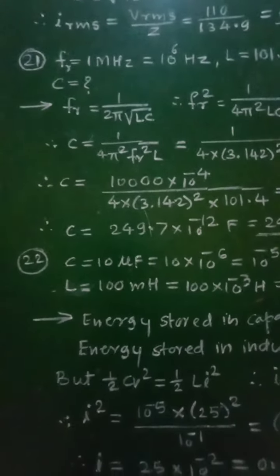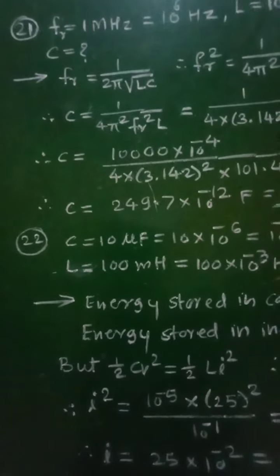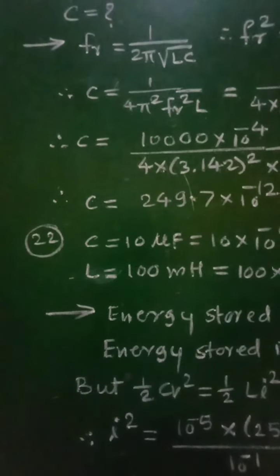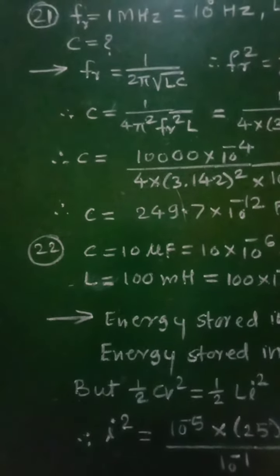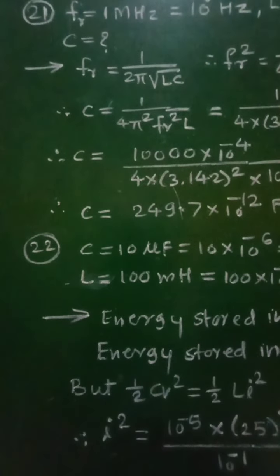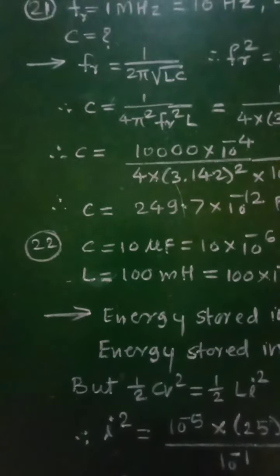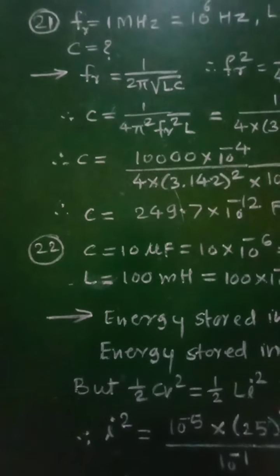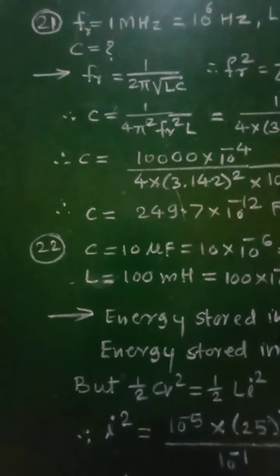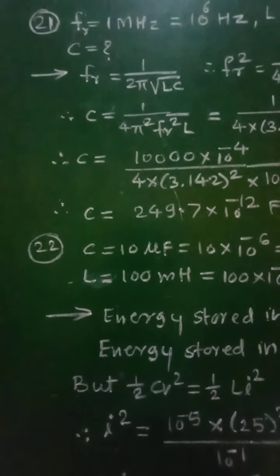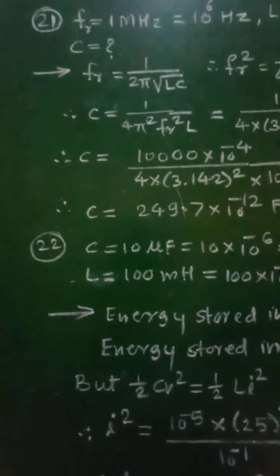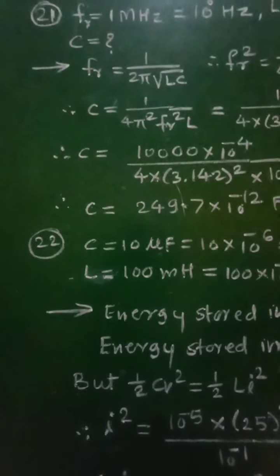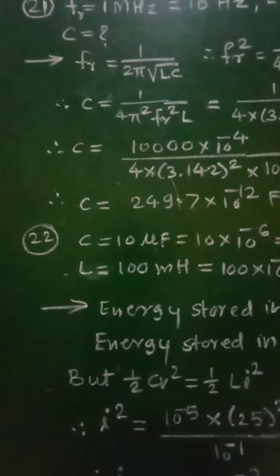Then we will go for the next numerical, that is numerical number 22, which is given as: a 10 microfarad capacitor is charged to 25 volt of potential. Then the battery is disconnected and a pure 100 millihenry coil is connected across the capacitor so that LC oscillations are set up.